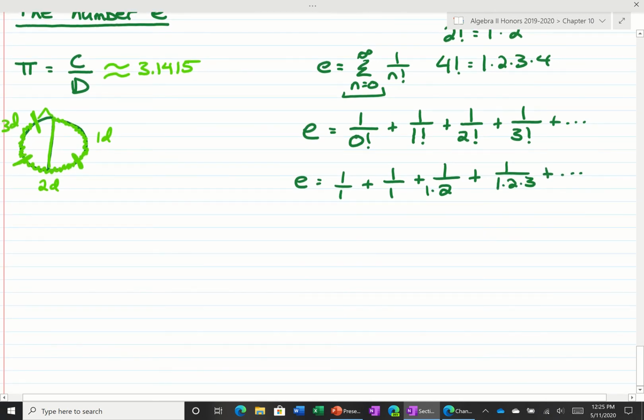Bottom line is what you need to know, just like you know that pi is about 3.1415, you need to know that e is about 2.718.